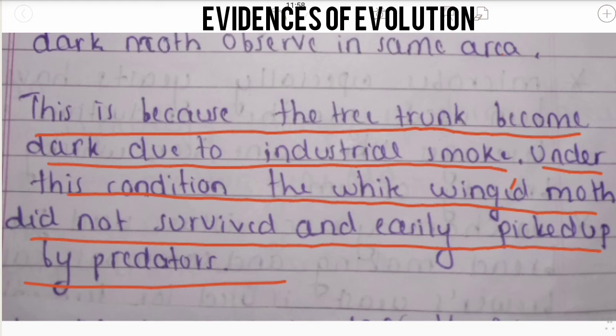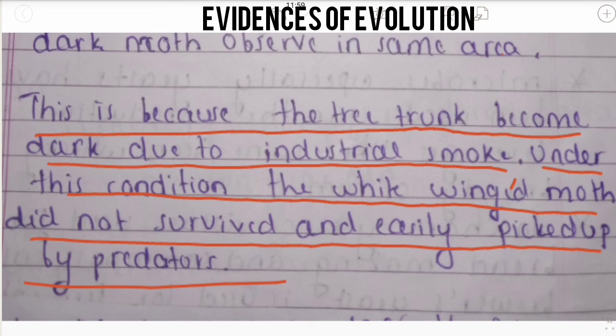Due to the industrial smoke, the tree became very dark in color. So due to the dark color, the dark winged moth could survive, whereas white moths were more highlighted, so they were picked up by the predator, because the predator could see the white color more easily than the dark winged moth. This is the main reason.